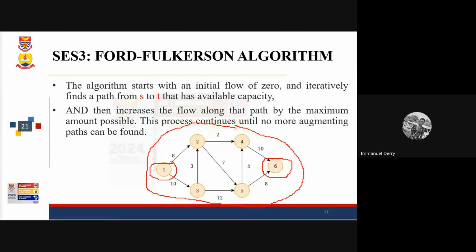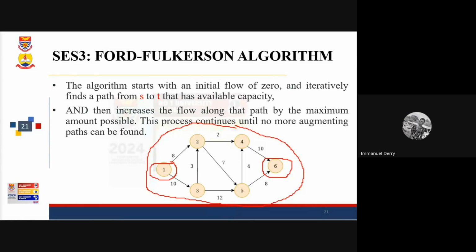So how can we pump the water through all these edges to this particular node 6 without breaking the constraints on each of the edges?